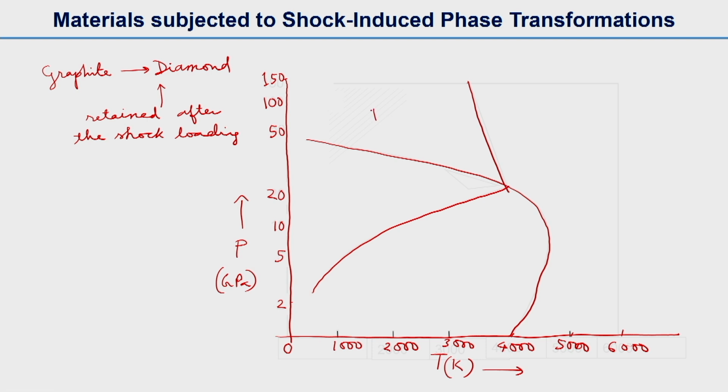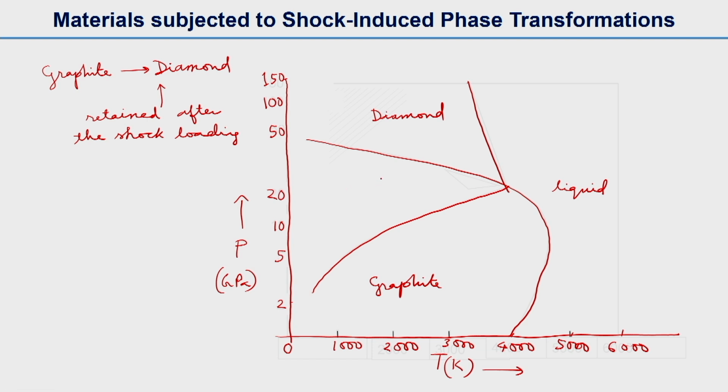Here in this region at high pressure we have diamond as the stable state, and in this region at low pressure we have graphite, and at high temperature we find the liquid state.